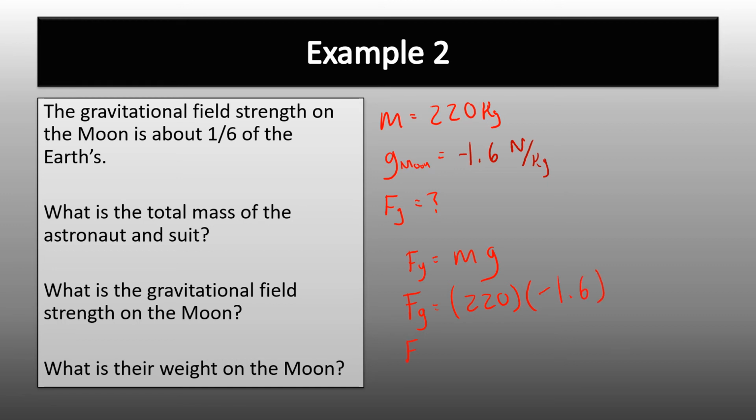So your new weight decreased to about 359 newtons downward, which is much less. I forget what the pounds was before, but when you multiply by that conversion factor, that turns into about 80.8 pounds. For you, the astronaut, and the spacesuit together are only 80.8 pounds.